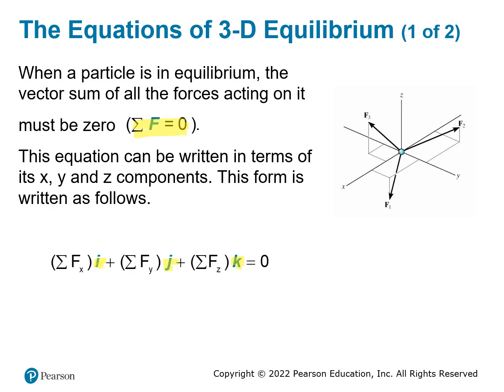So you will have three equations, each coming from the summation of F in one direction. Since you have three equations, you can solve for at most three unknowns.